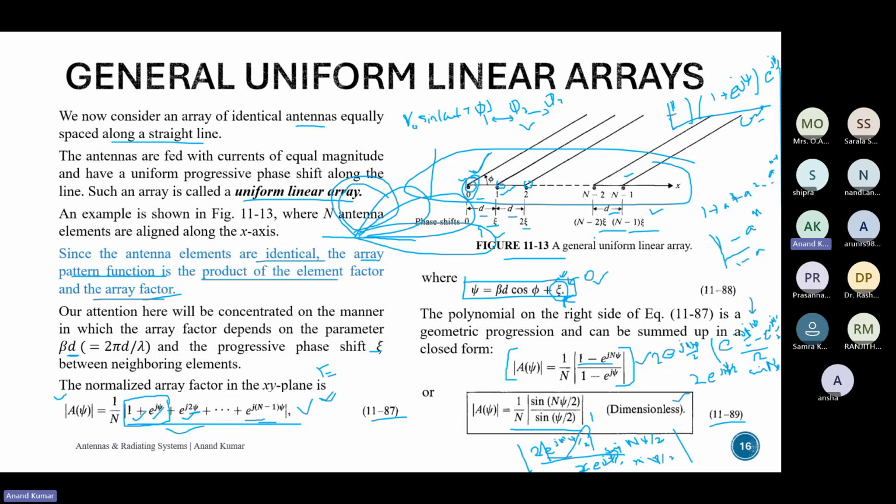If we change the value of D, the spacing between different elements, the math will become very complex. That's too much for this particular class. But if you want to look at the results for different D values, you can just refer to those papers.